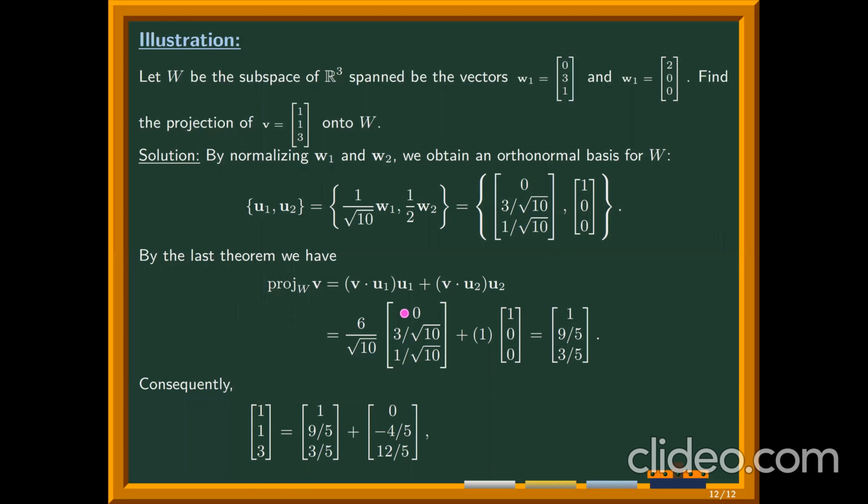You just take the difference, v minus the projection of v on W. That is (0, -4/5, 12/5). You can check that this vector is in W perp. It is orthogonal to (0, 3, 1) and to (2, 0, 0).